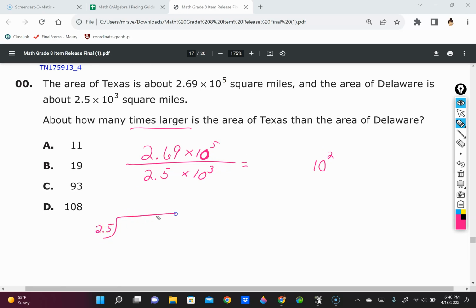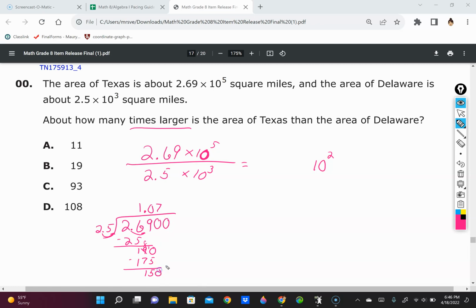2.5 into 2.69. Remember that we've got to move that decimal over. 25 goes into 26 one time. 25 will not go into 19, so we'll bring down a 0. 25 will go into 190 7 times to give us 175. That gives us 15.